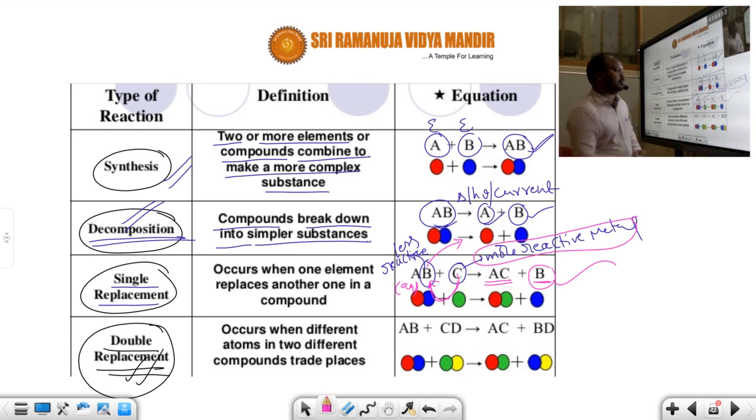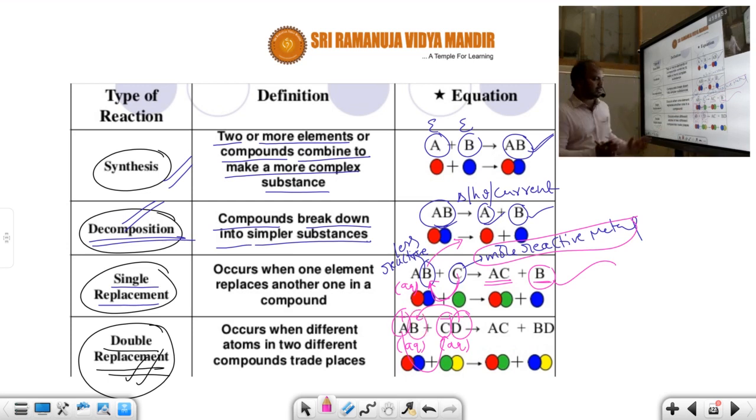Next, double displacement or double decomposition reaction. If you take two aqueous salt solutions, this is salt A plus B minus, and C plus D minus. This is exchanging the radicals. A plus attracts C minus, and D plus attracts B minus, because opposite charges always attract each other.